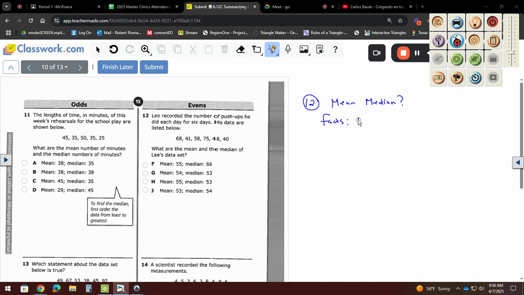I'm doing 12, guys. 40, next, next, next. 58. Next. 68. That's it? 75. It's important that once you get them, count the data points. 1, 2, 3, 4, 5, 6. Go check if there was 6.